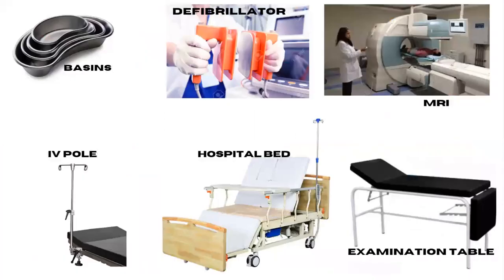Then we have some material that is used there, like we use basins, we use an IV pole, we use hospital beds. There we have an examination table also. Then we have an MRI device, and then a defibrillator for heart patients.